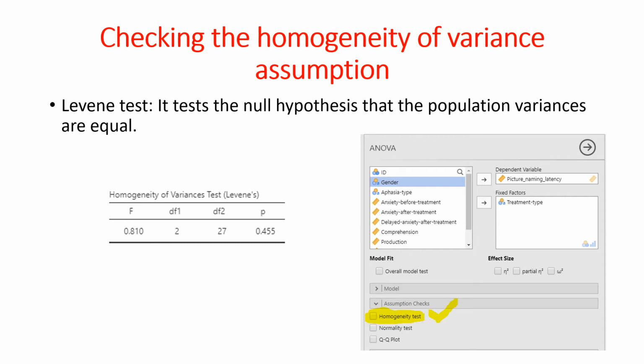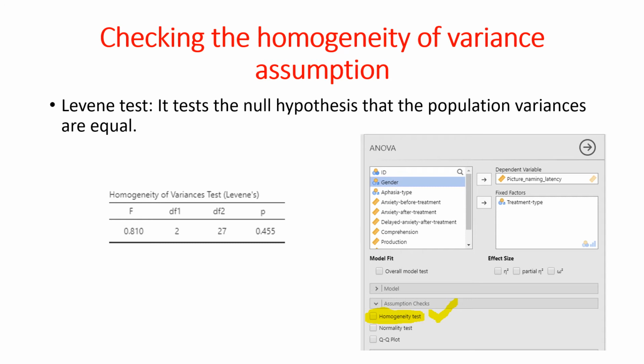So a significant result means that the homogeneity of variance assumption is violated. Here we have a fairly big p-value, which means that the homogeneity of variance assumption is okay in this data.